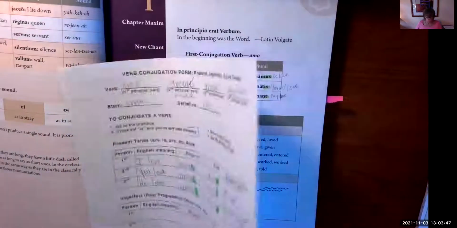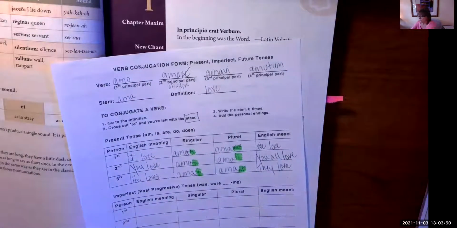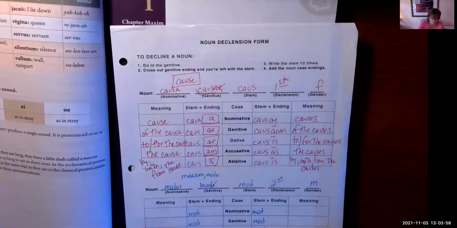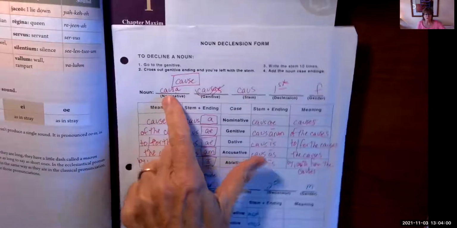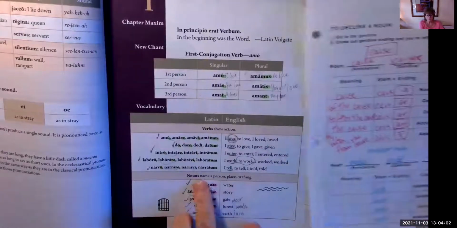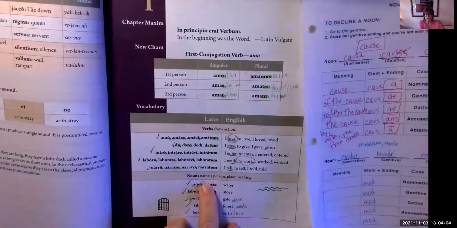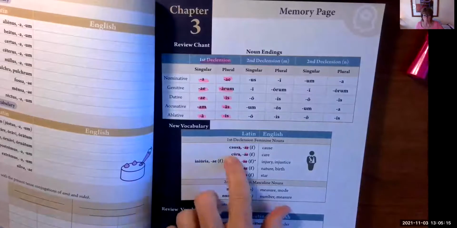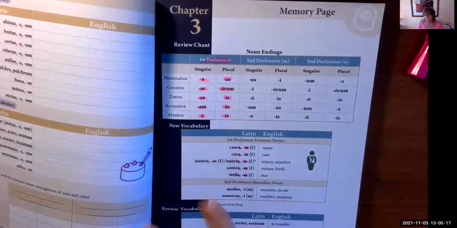And here I have already declined a noun. I took the nominative and the genitive, found right here the nominative and the genitive, and I put it at the top. So this is the Latin Primer B book.